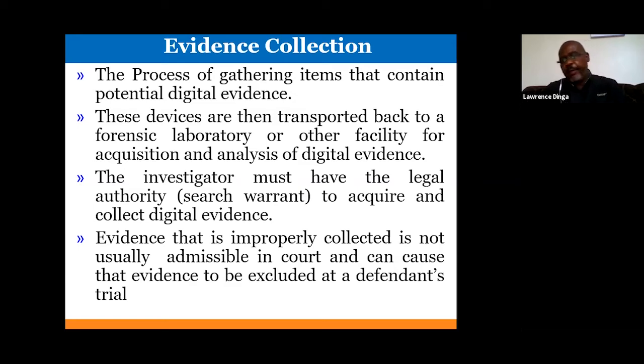Now, what happens here, I gave you an example in 2013. There was this drug lord called Ross Ulbricht, but he used to call himself the Dread Pirate Roberts. He was the owner of the Silk Road.